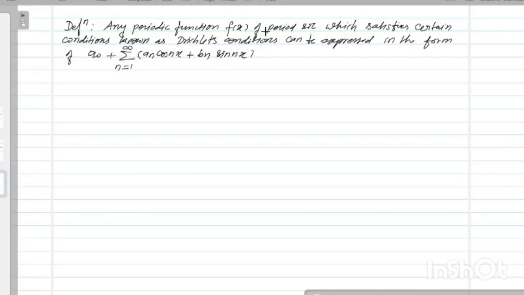Okay, in the form of this series, and it is valid for all values of x.